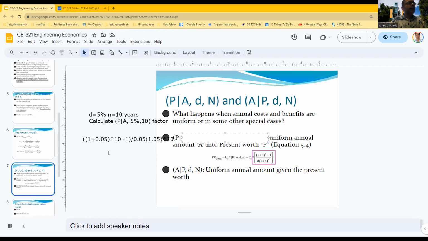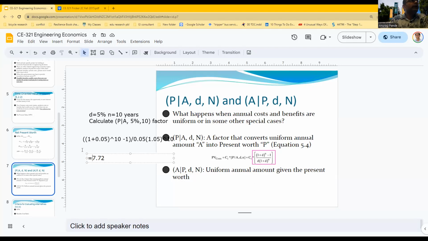And then I can use a calculator to do the estimation here. If I apply this formula and calculate this factor, I get 7.72.